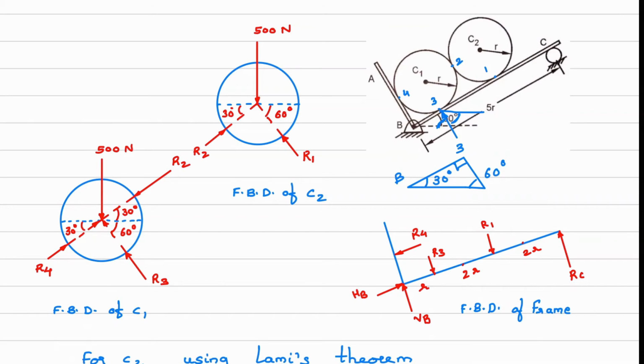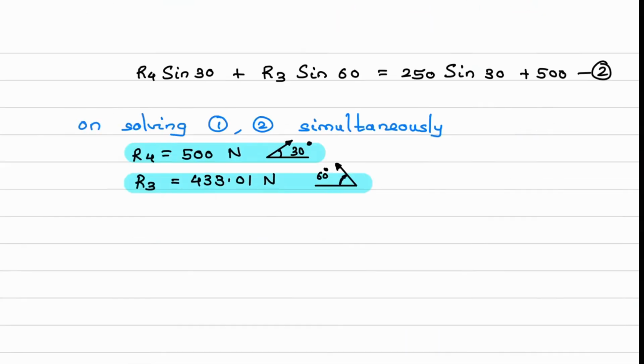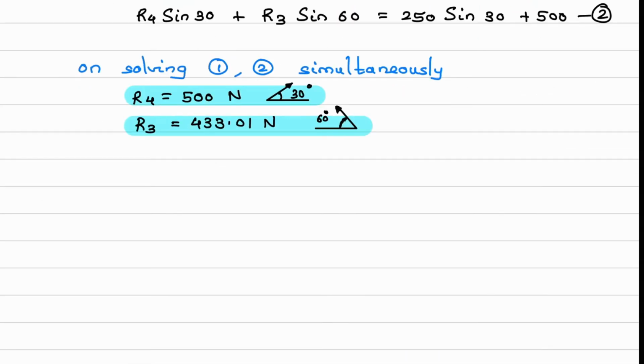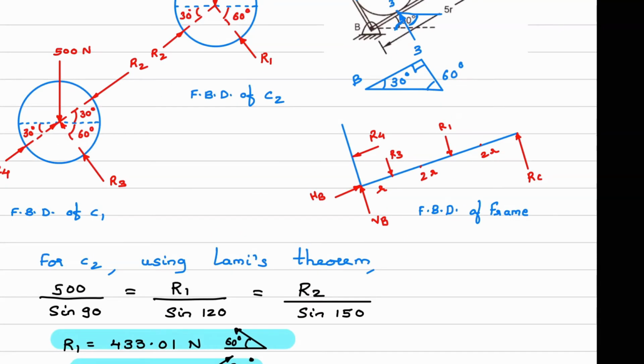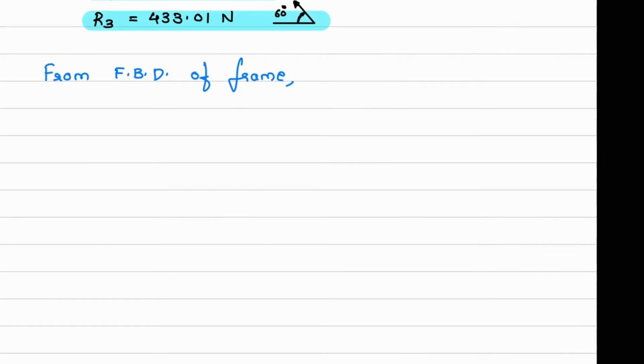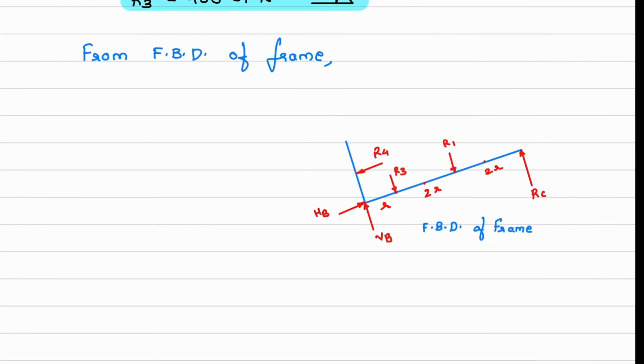So I'll write down from FBD of frame, I'll copy that FBD over here. So I have shown FBD of frame over here, so I can write down summation of moment about point B is equal to 0.